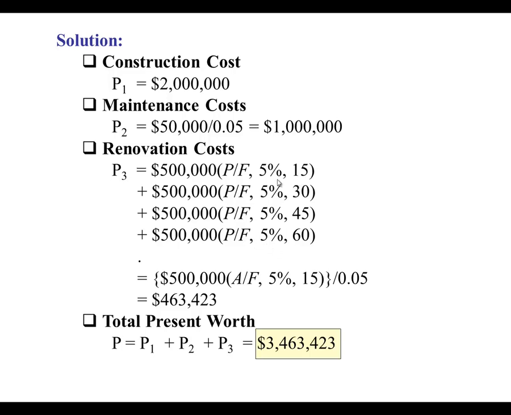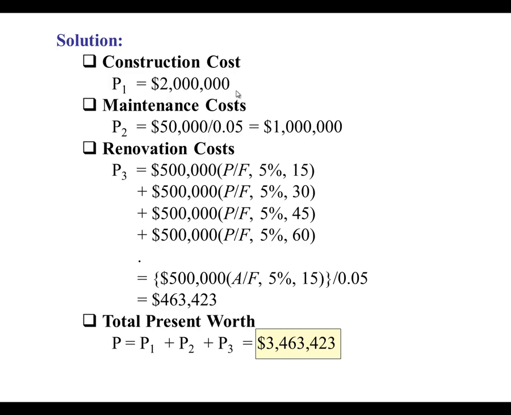So we have to bring the 15, the 30, 45, 60, and so on. Or we can use the initial value and consider that as an infinite series and divide by 0.05, which will bring the value to $4,663,423.